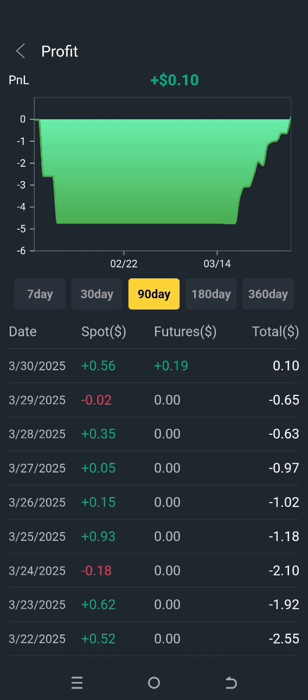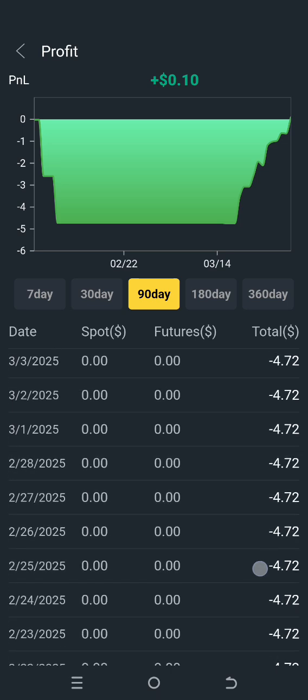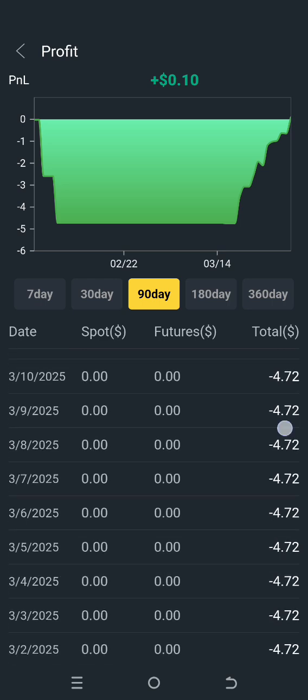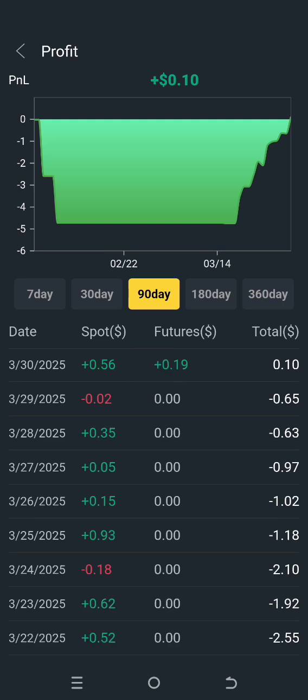But it doesn't mean that it is recovering all this money and it is disappearing. No, all negative 4.72 that it has recovered today on the 30th of March is in this account.